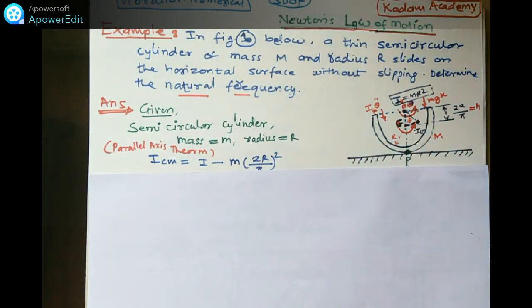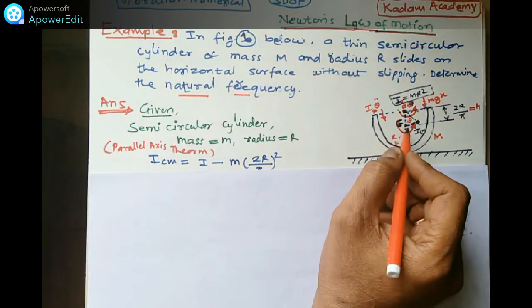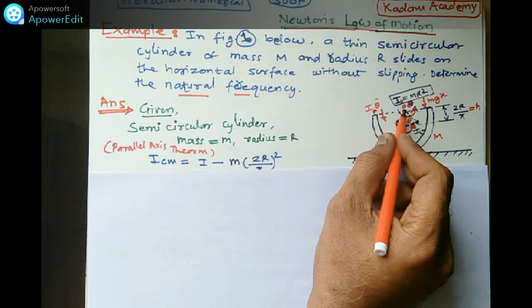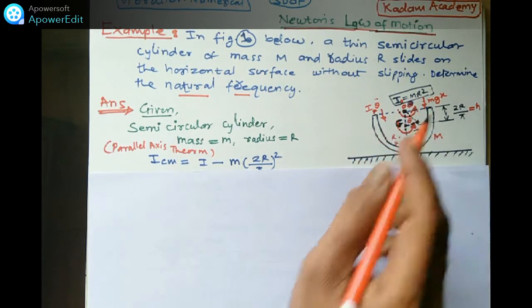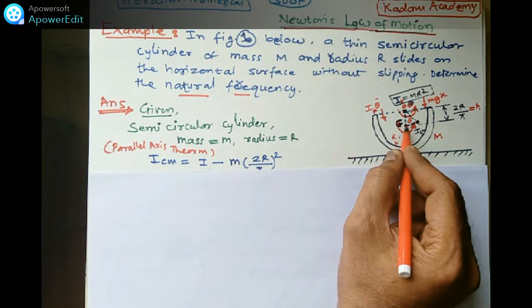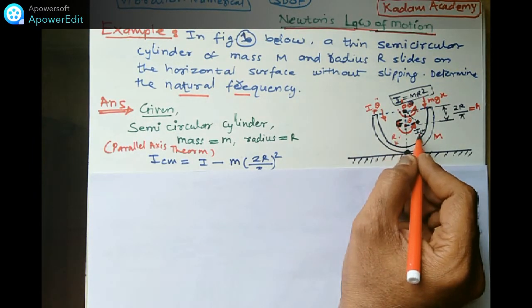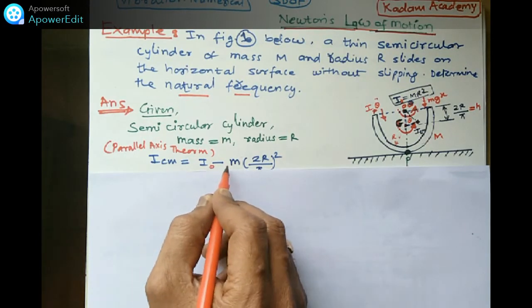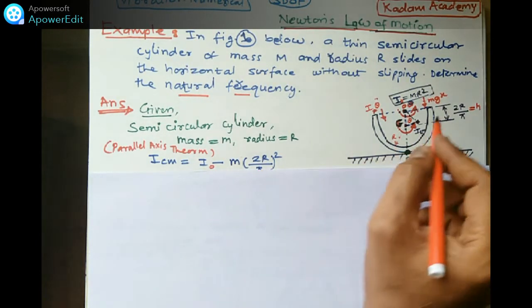For this one, to calculate the mass moment of inertia at point O, we can calculate by using mr square, and at point G, that is ICM, what we can calculate? ICM is equal to IO minus m into h square, h is this distance.